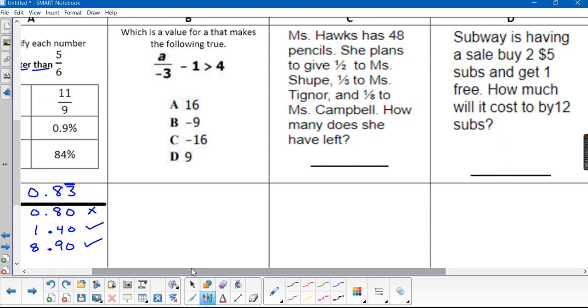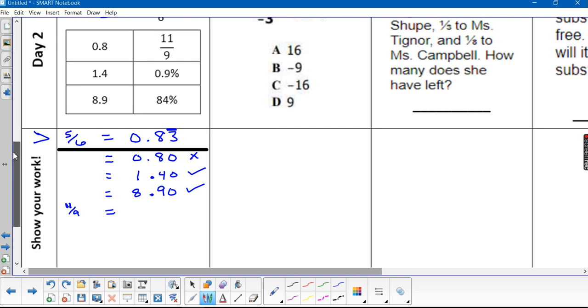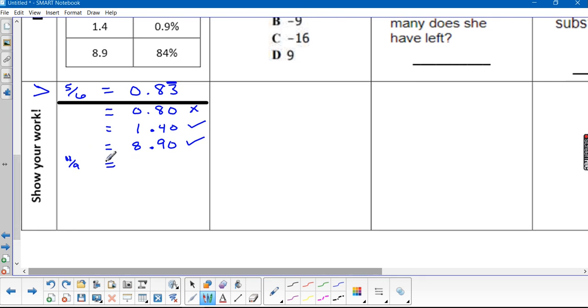If it's got a whole number, then we know it's bigger than a proper fraction. Don't really have to work this out. I'll tell you that this is 1 with a repeating 2. 9 goes in 11 one time with 2 left over, 1 and 2 ninths. Anything over 9 is going to repeat with that numerator. So we know that that is greater because it has that whole number to begin with.